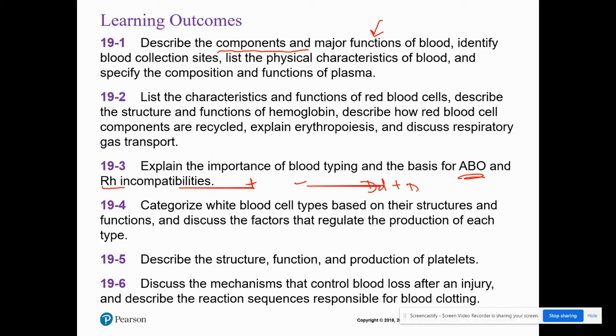If you have big D, still positive. But if you have little d, your blood type is negative. We're not going to get too much into that, but it's good to understand. Actually, we are going to get into it. I lied, I'm sorry.